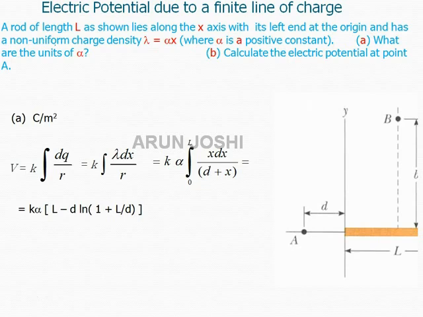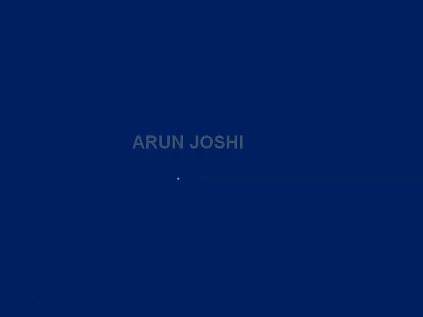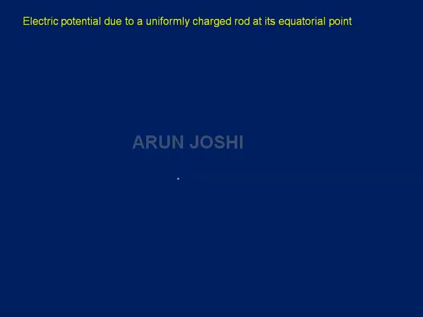It should be alpha x. Again I am writing here: lambda equals alpha x. It is given in my question. Then you have to integrate it and put all the values. You get this result. Okay.